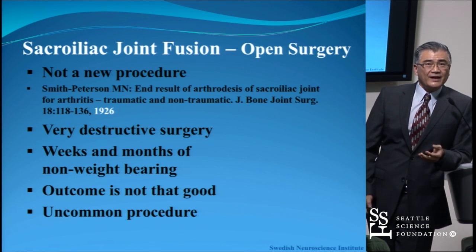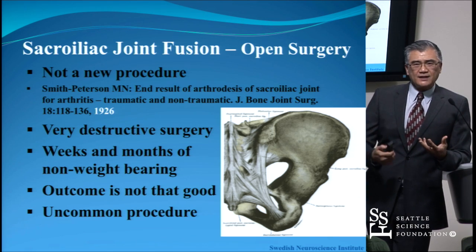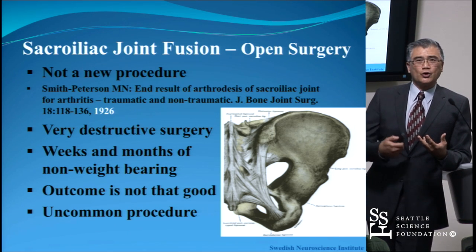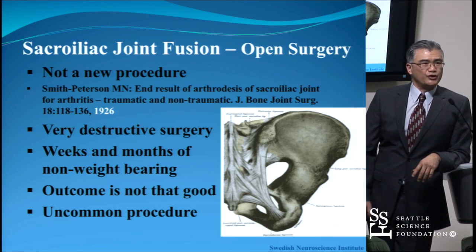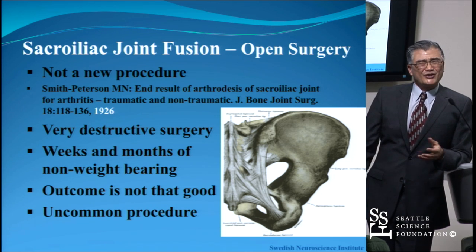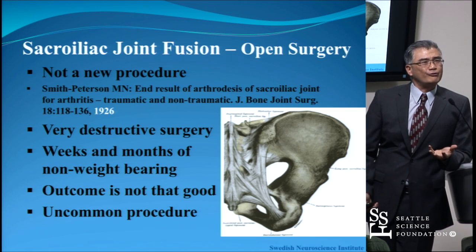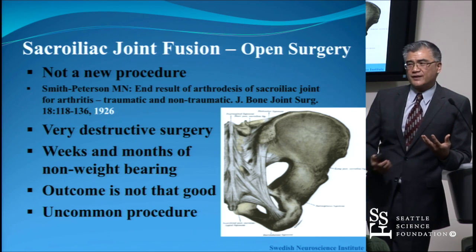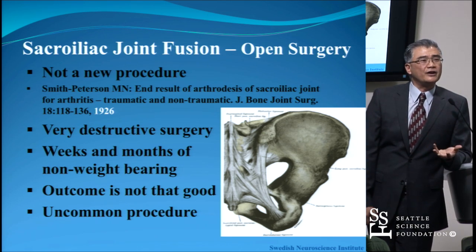But the thing is, as I told you earlier, the SI joint has a lot of ligaments and muscles holding it together. To do a fusion, you can imagine that you have to destroy all those structures to put bone graft in. That's the reason why the result is not that great, so most surgeons would not even do it.